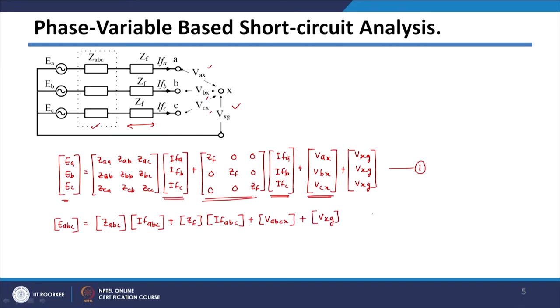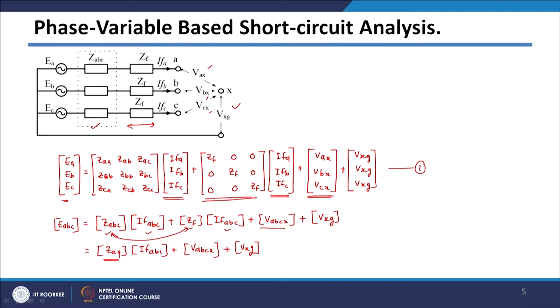In this case, this is IFABC, so I can just combine this ZABC and ZF, and I can just say it is Z equivalent. So, Z equivalent multiplied by IFABC. I am just taking these 2 impedances together and calling it Z equivalent, plus VABCX, which is this quantity, plus VXG.